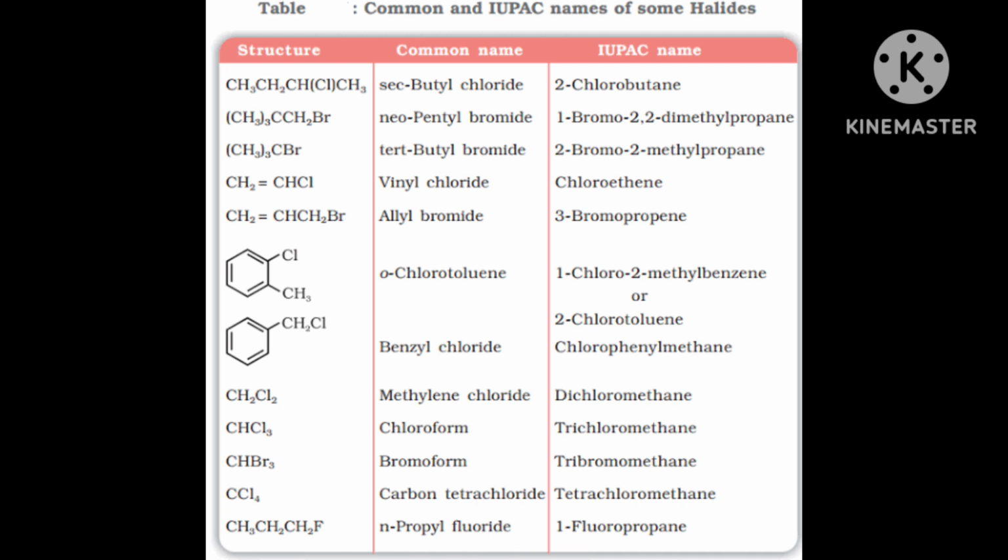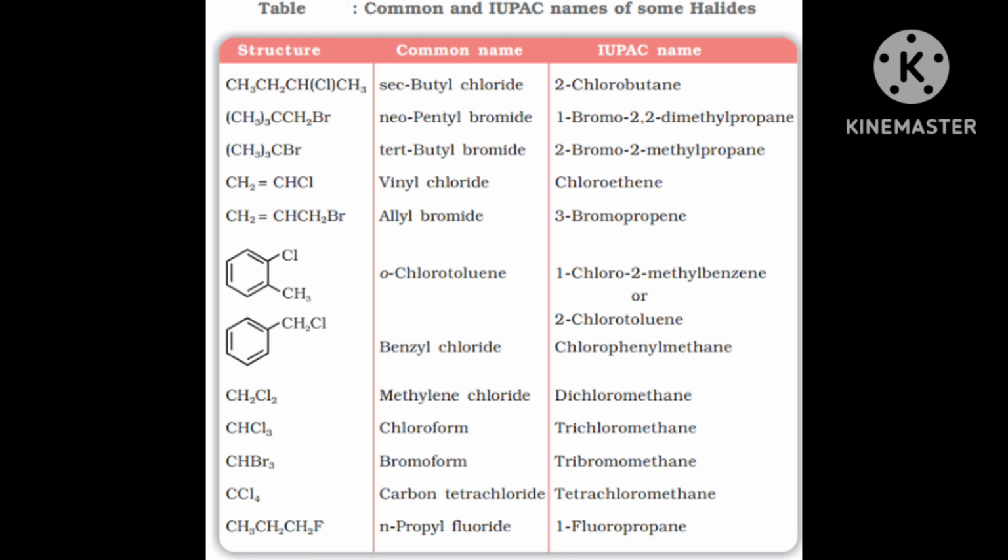Alphabetically you have to do naming. First carbon Cl is there, so you can tell 1-chloro. After that, carbon number 2, methyl is there. Then 1-chloro, after that 2-methyl propane.